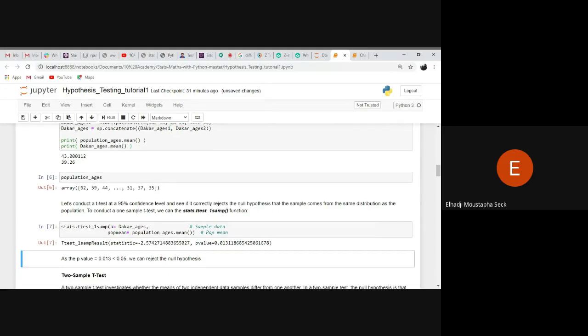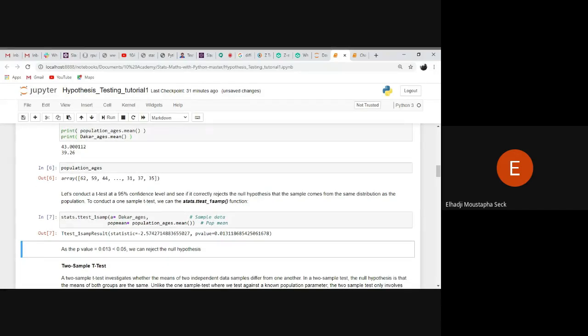And the thing is, if the p-value is less than 0.05, the level of significance, where we set our alpha to be 0.05, it's the same thing as saying let's conduct a t-test at a 95% confidence level. If the p-value is less than 0.05, I have to reject the null hypothesis.